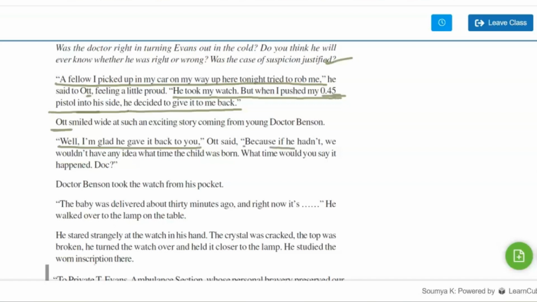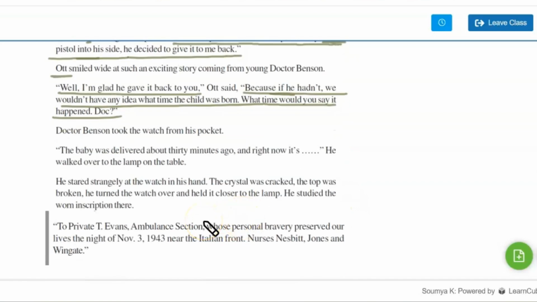Using that, he can find out the time when the baby is born, and that is what he's asking Dr. Benson. So Dr. Benson took the watch from his pocket and he says, the baby was delivered about 30 minutes ago and right now it's, and he's telling the time.